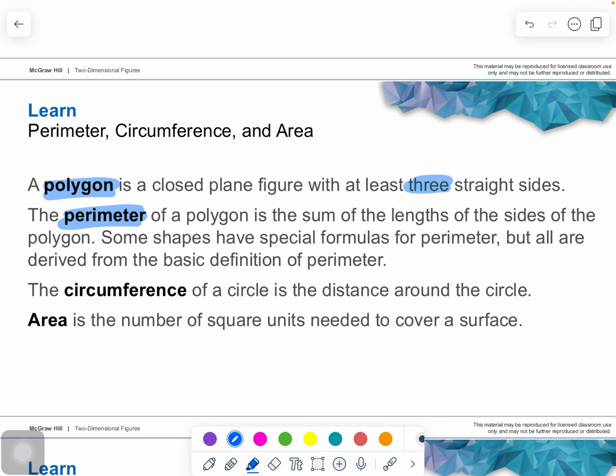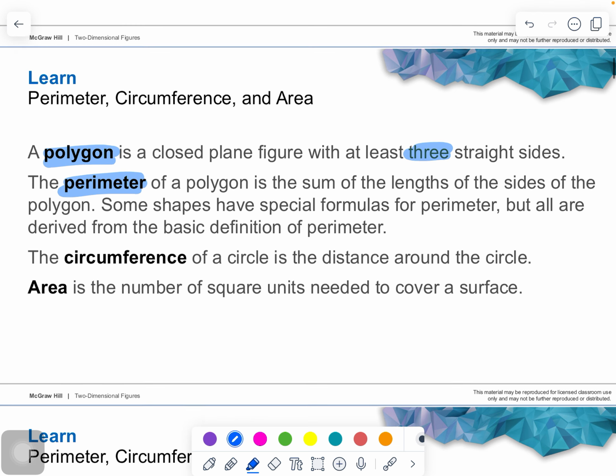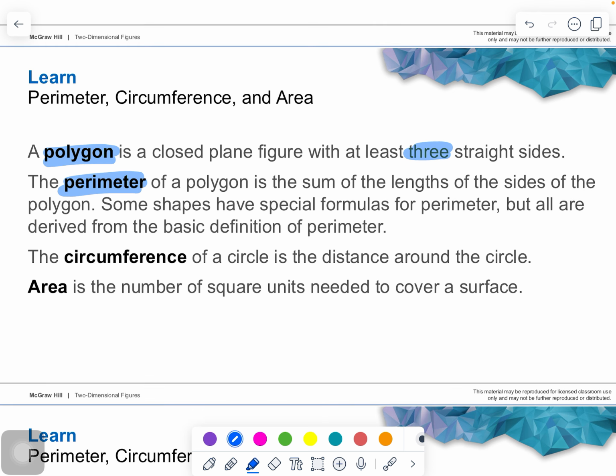And one of those that has a special formula for perimeter is this very next one, circumference. Circumference is actually a special word for perimeter. It's a special word for a circle's perimeter. Circumference of a circle is the distance around the circle. It's the perimeter of the circle.